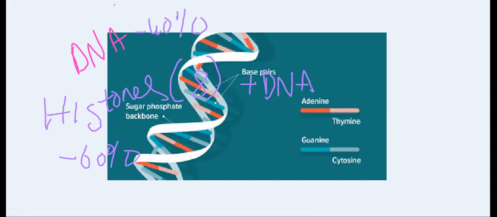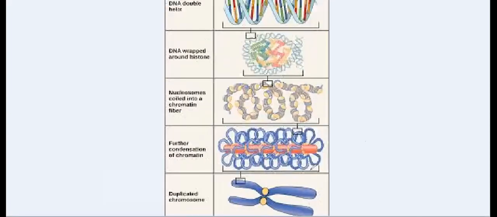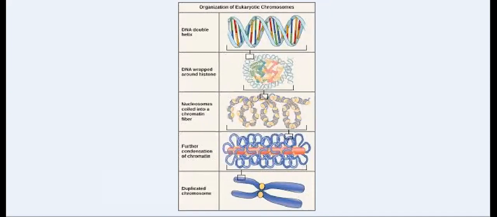First, let us look at how chromatin is formed. Here in this image, if you observe, the DNA is wrapped around histones. Histones are circular proteins, 8 histones.